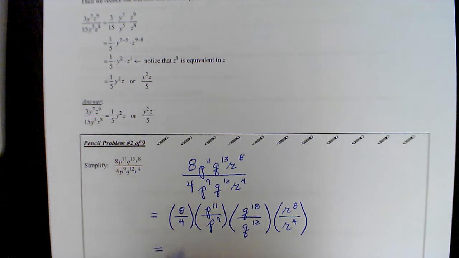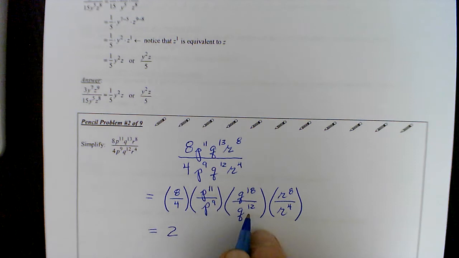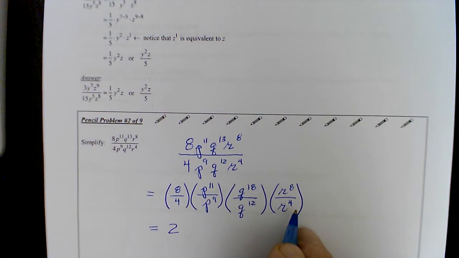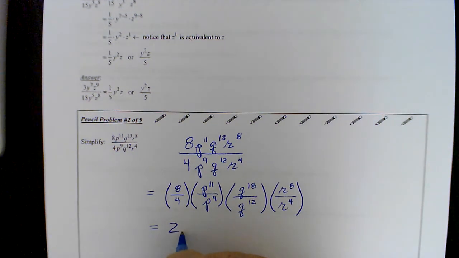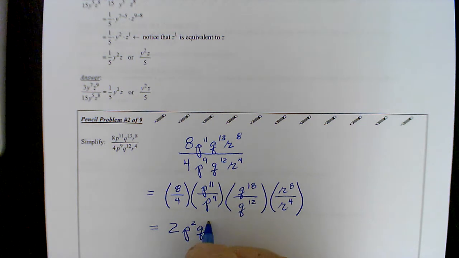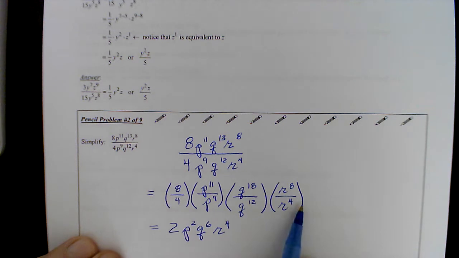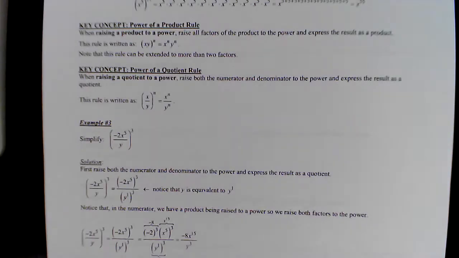Then we'll just do each one separately. 8 divided by 4 is 2. Each of these are quotients where we can use the quotient rule, dividing common bases. We subtract the exponents. So p raised to the 11 minus 9 is 2. Similarly, q raised to the 18 minus 12 is 6. And r raised to the 8 minus 4 is 4. Again, if you want to skip the middle step, that's fine, but sometimes helpful to use it.